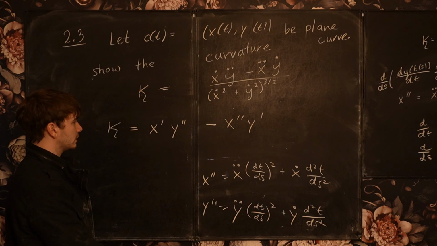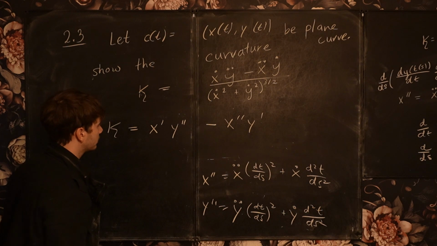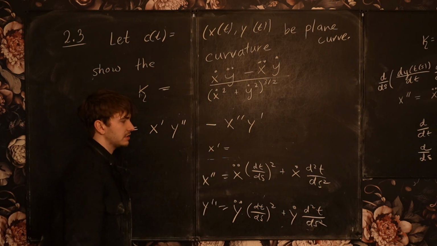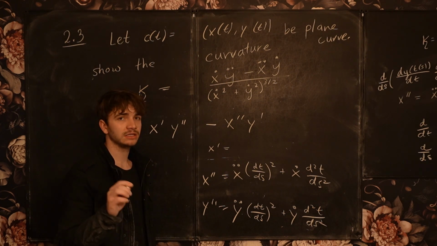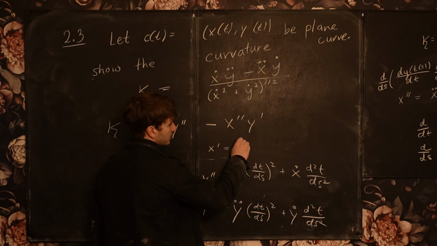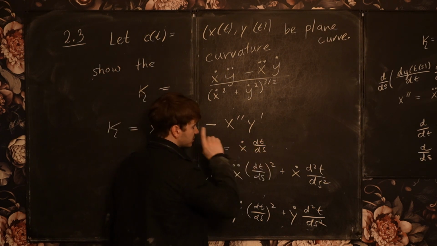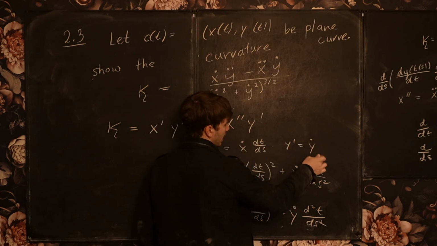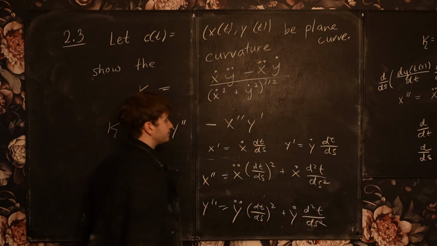All right, and now x prime, let's just quickly note, this is dx over ds, which by the chain rule is dx over dt times dt over ds. And similarly, y prime is y dot, so dy over dt, dt over ds.